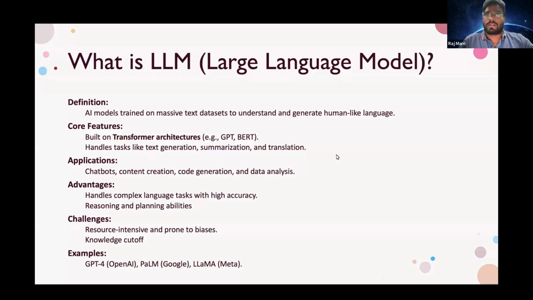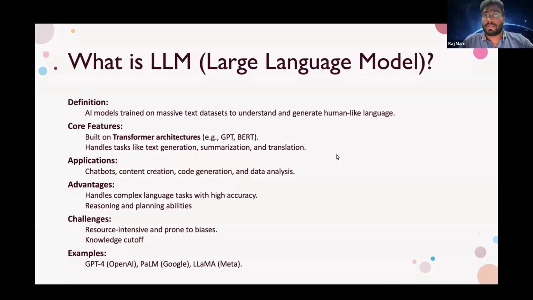Transformers are the basic building blocks of these GPTs or these large language models. The applications of these large language models include content generation, chatbots, code generation, and data analysis, which are some of the basic tasks that a large language model can do. They could also handle different complex tasks.